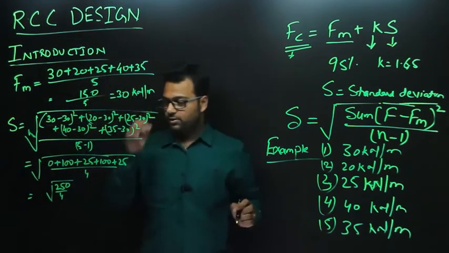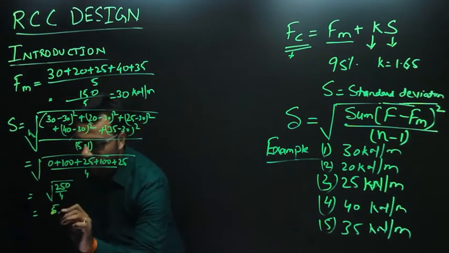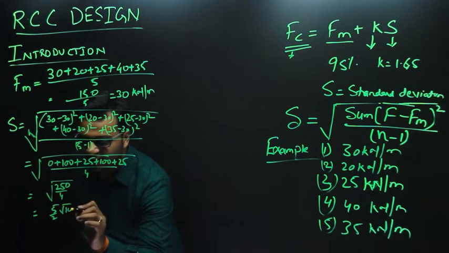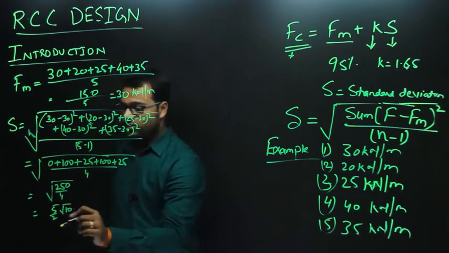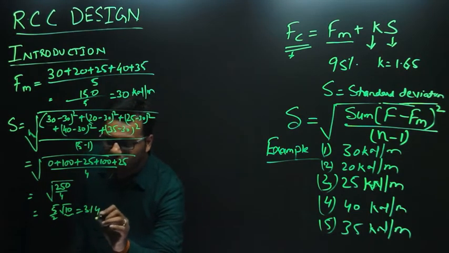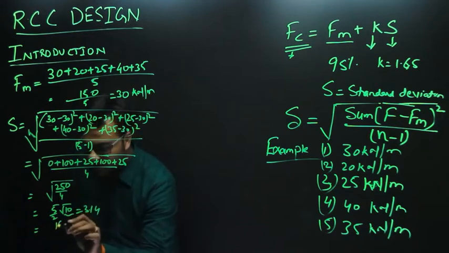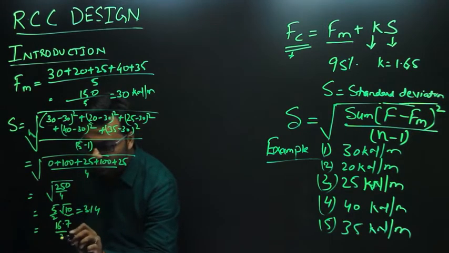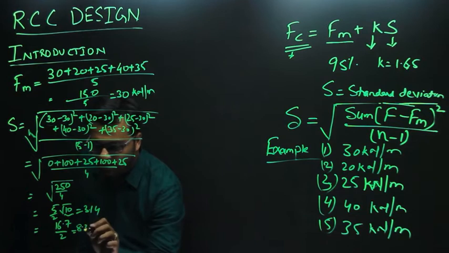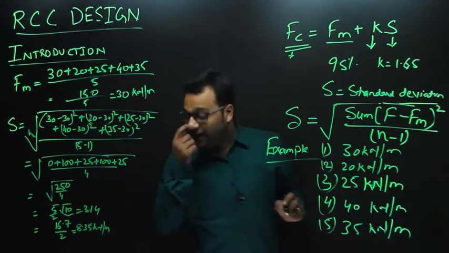This is basically 5 by 2 times the square root of 10. If I consider the square root of 10 as approximately 3.14, this comes to be 16.7 by 2. So 8.35 kilonewton per meter is my standard deviation.